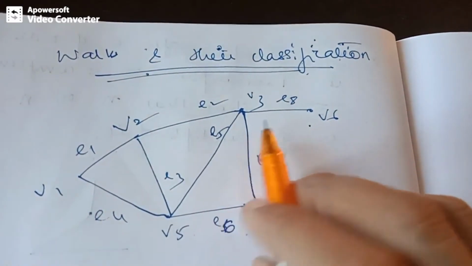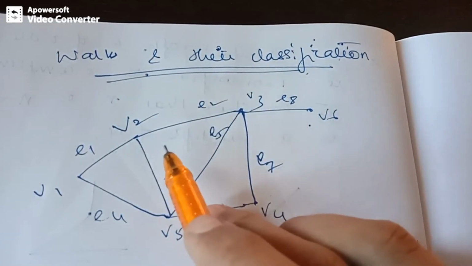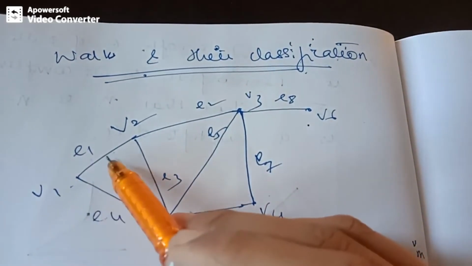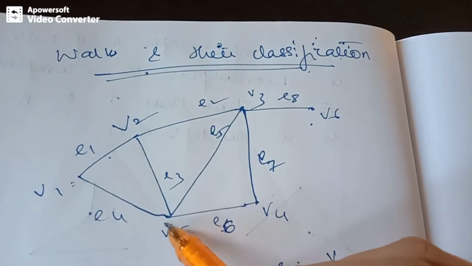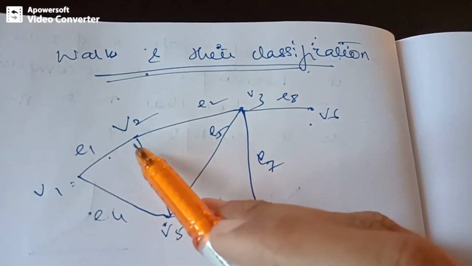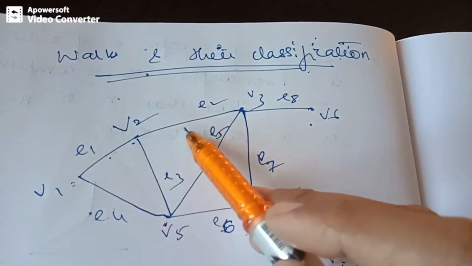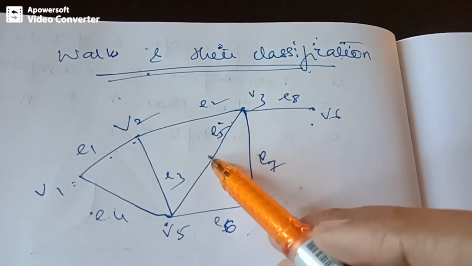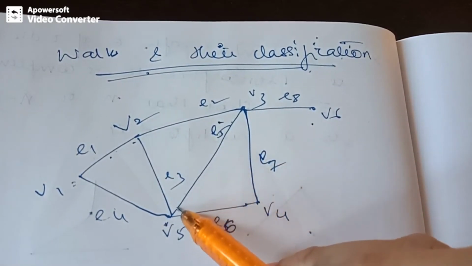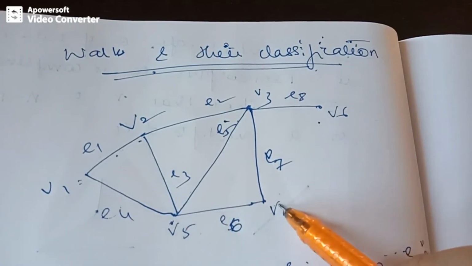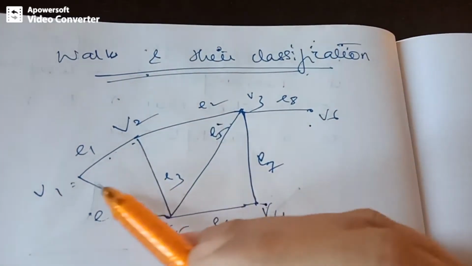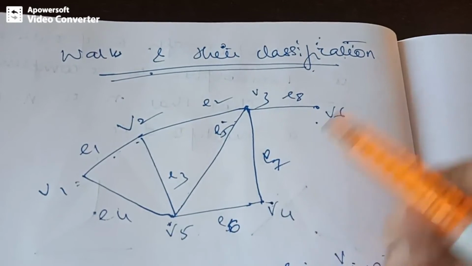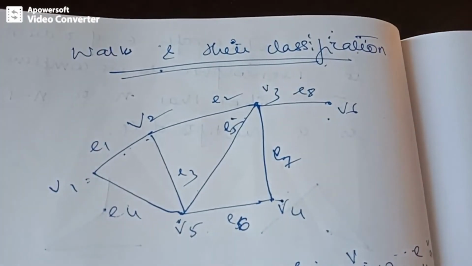Likewise we can have another walk, that is V1, E4, V5, E3, V2, E2, V3, E5, V5, E6, V4.